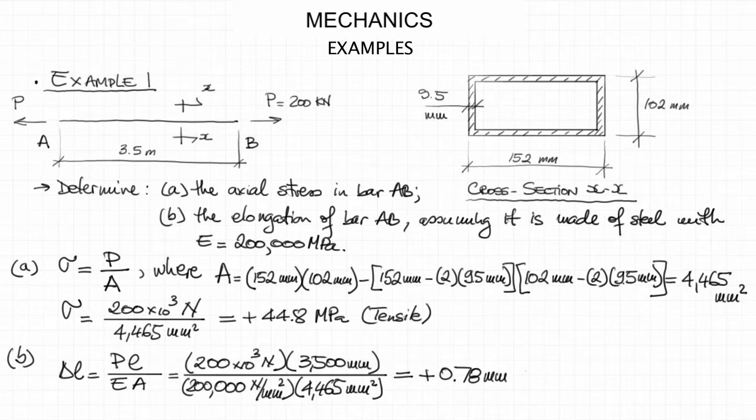The result is positive 0.78 millimeters, which indicates that bar AB becomes longer by that amount, a positive elongation. It corresponds to a positive axial stress, the result of the tensile force applied to this member.